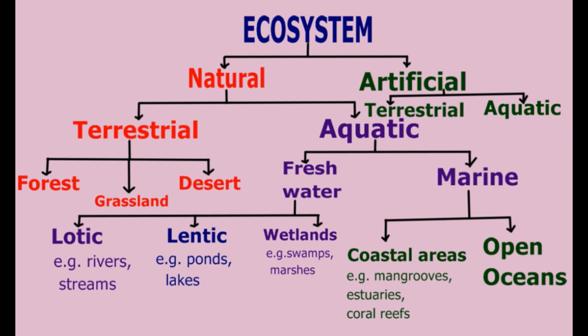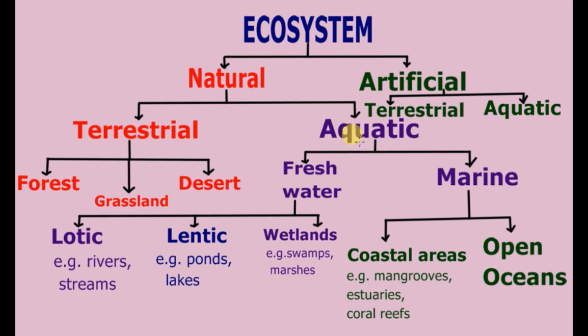Now we come to the types of ecosystem. Ecosystem is basically divided into two categories, natural and artificial. As the name indicates, natural is made by nature and artificial ones are man-made. So what are the kinds of natural ecosystem? Natural ecosystem may again be of two types, terrestrial and aquatic. Terrestrial means on land, and it may be a forest, a grassland or a desert.